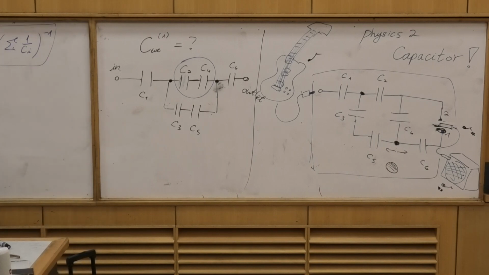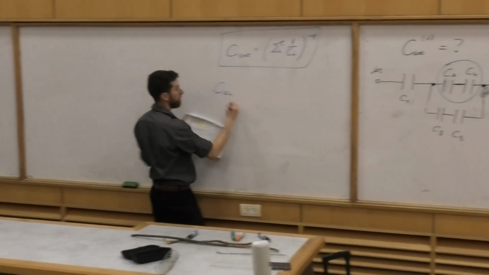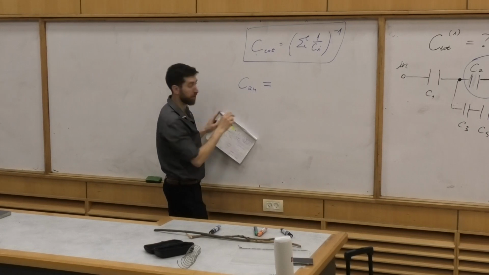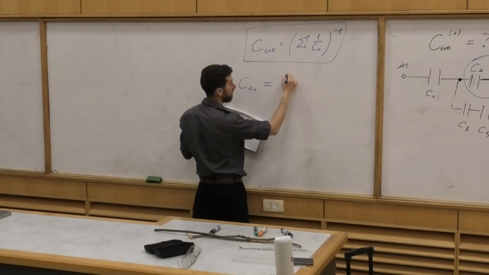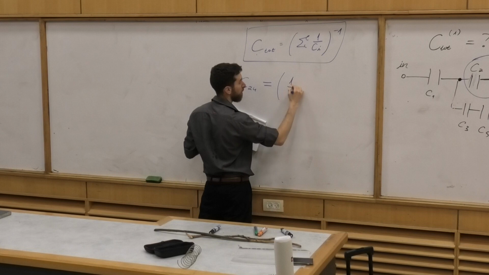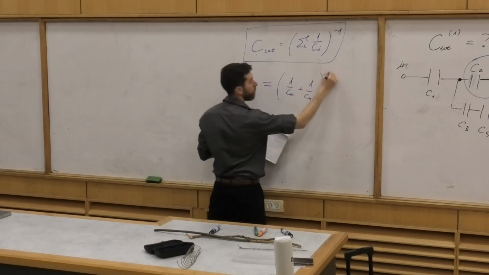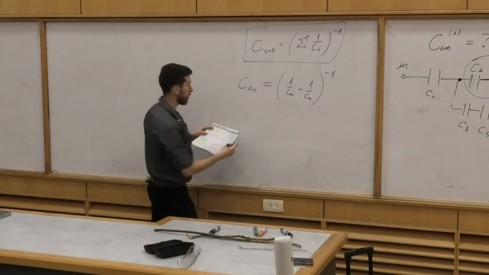So let's call this capacitor C2,4 to know its origin. You see it clearly in the camera? Good. And this one is equal to what? The sum of 1 over C2 plus 1 over C4, and don't forget to correct the units, to the power of -1. Perfect.